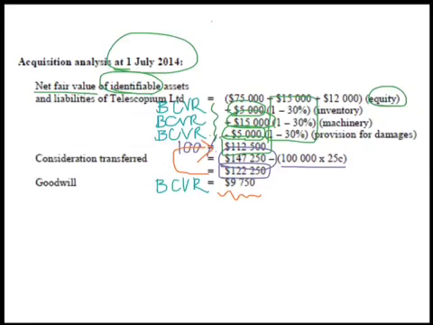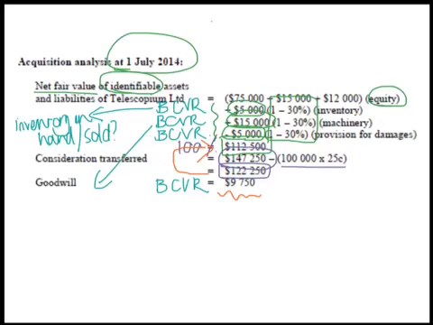Six months down the line, we now have to see whether there's any inventory on hand or whether the inventory has been sold, and that would determine whether a BCVR reserve is still raised or created for that. Same with the machinery.